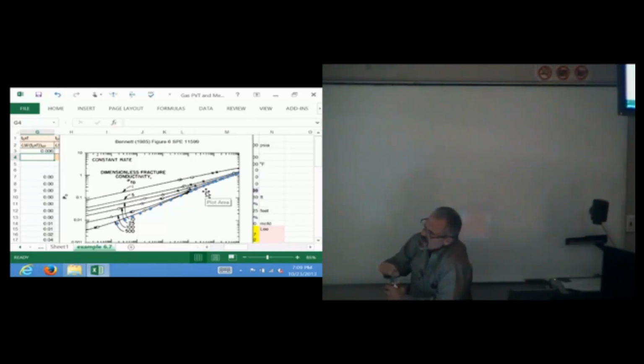Typically, if you have a finite conductivity vertical fracture, the first flow regime you see is not linear flow, but bilinear flow. Okay? So we're not doing chapter 9 yet, but when we do transient rate analysis, I'll probably give you a Barnett Shale example. We usually see 6 months of bilinear flow.